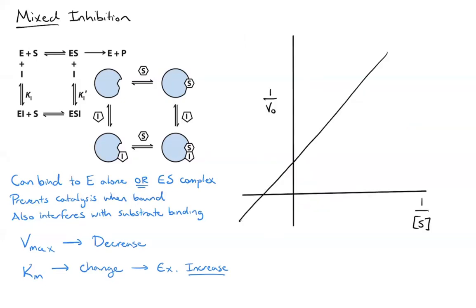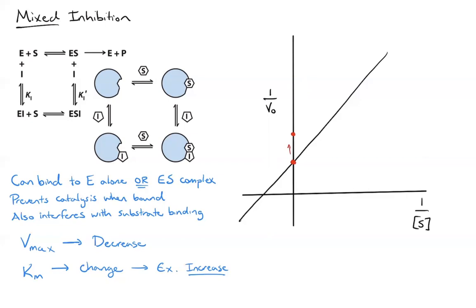So next, let's look at what this does to our Lineweaver-Burk plot. And we're just going to follow the same conventions that we already talked about with some of the others. If Vmax decreases, this is going to be the same situation that we saw for our uncompetitive case before. And 1/Vmax is going to increase if the Vmax property itself decreases. So we're going to end up with a y-intercept that's higher up on our Lineweaver-Burk plot.